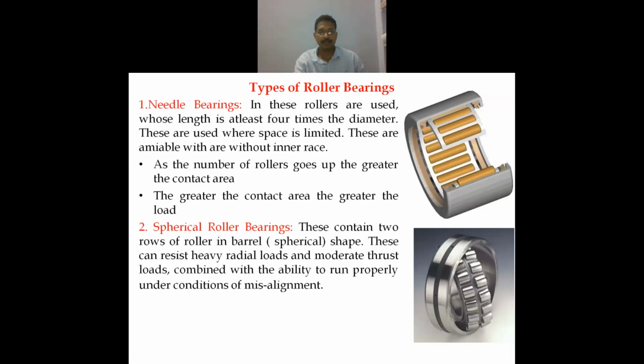Now coming to spherical roller bearings. These contain two rows of rollers in barrel of spherical shape. You can find them here. These can resist heavy radial loads and moderate thrust loads combined with the ability to run properly under condition of misalignment.